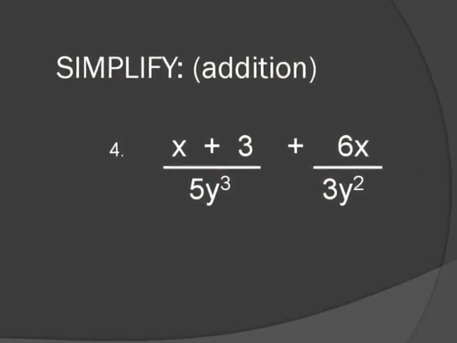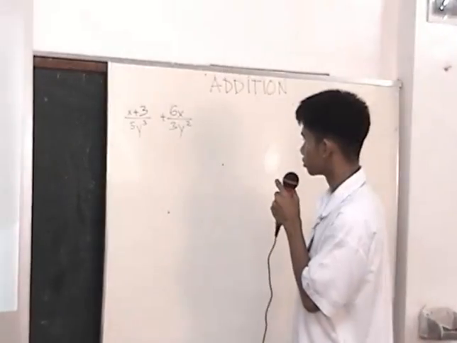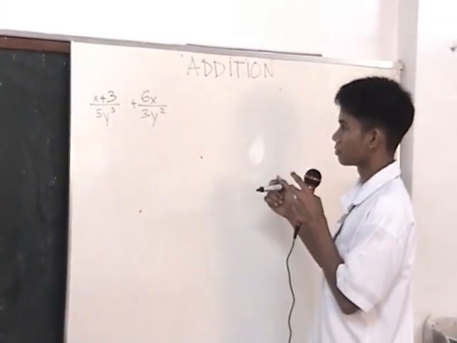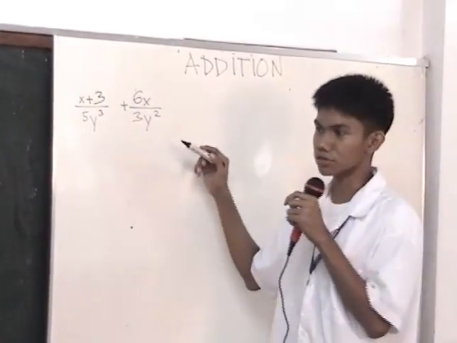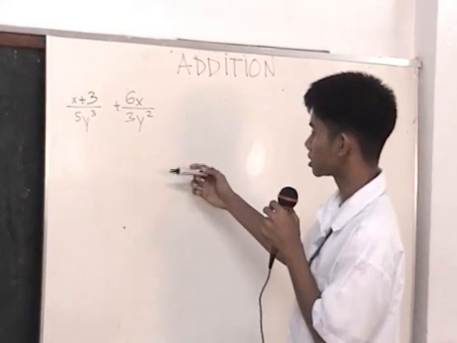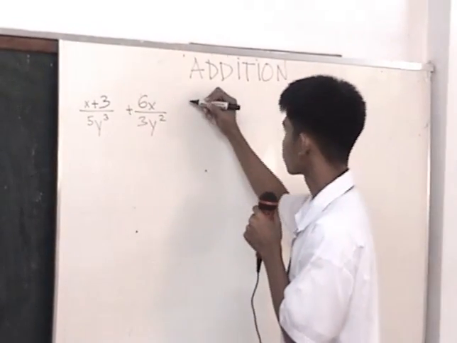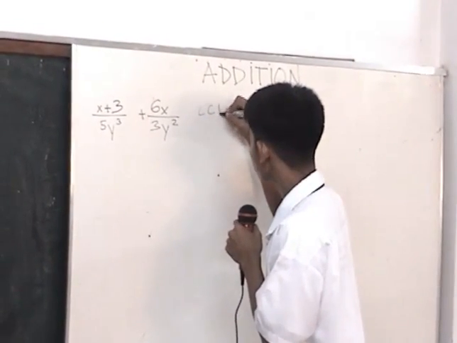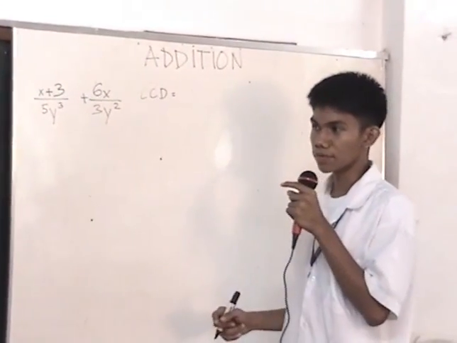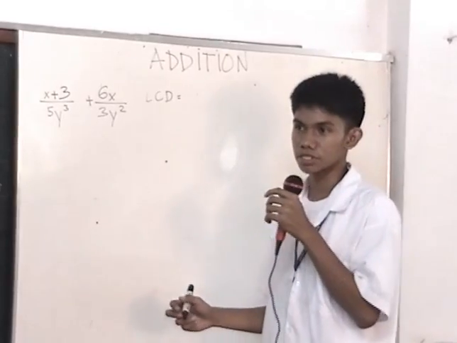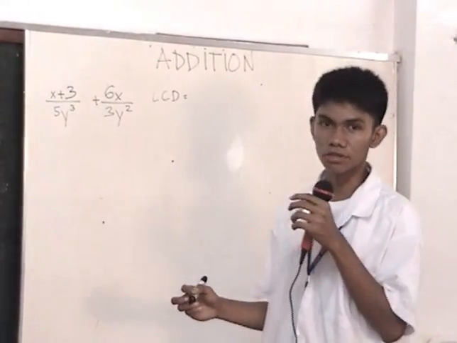In getting the sum of these rational expressions, we notice that these expressions have different denominators. So we must first get the LCD. In getting the LCD, we must use the denominators and use the prime factorization.